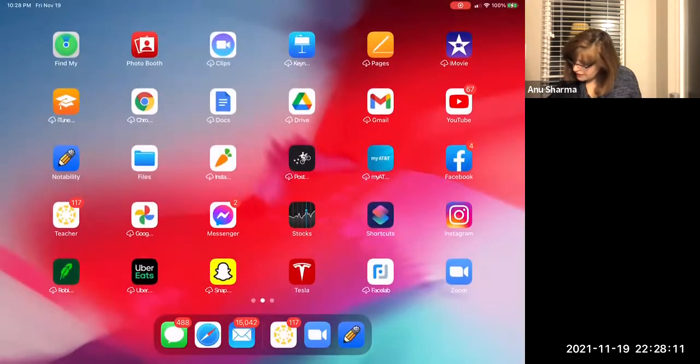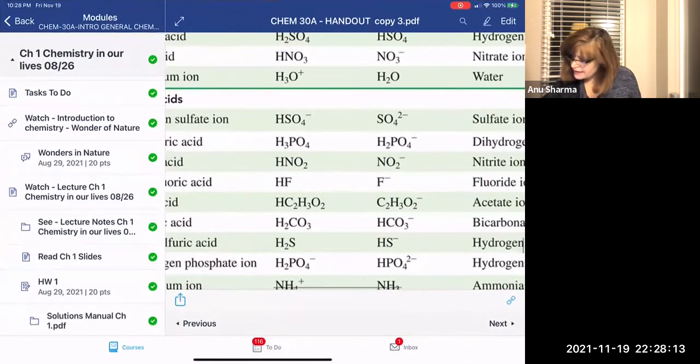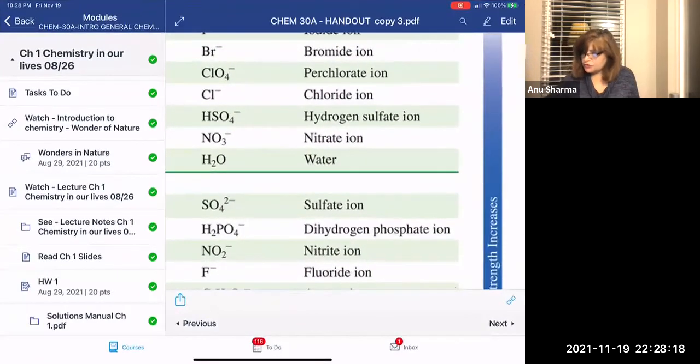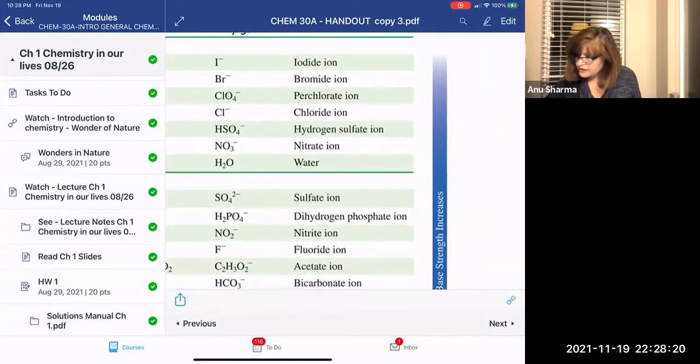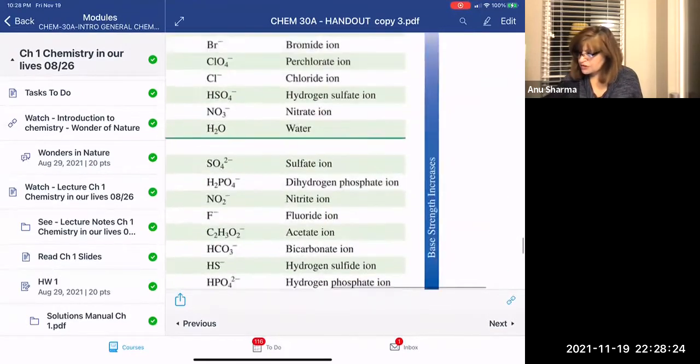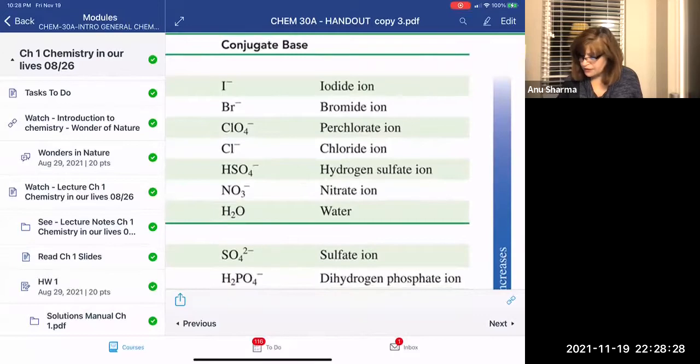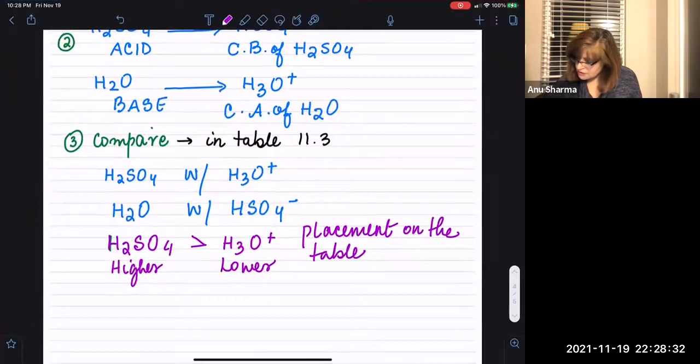Next is H2O and HSO4. Now let's look at that one. HSO4 is on the weaker side and H2O is moving towards the stronger side. So top to bottom, HSO4 is weaker and H2O is stronger.